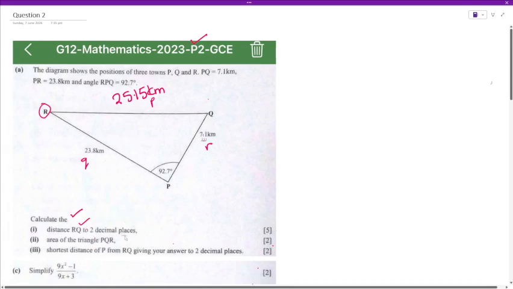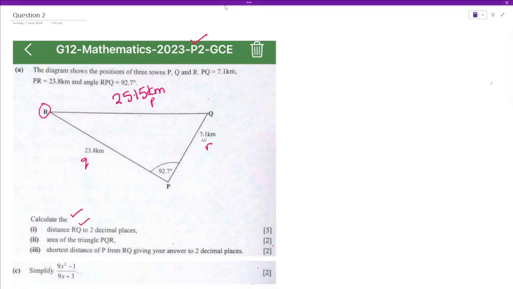We're asked to find the area of a triangle. Remember, the formula for finding the area of a triangle is the same as the one for finding the area of a triangle when you're dealing with the sine rule. So it's the same. Area is equal to 0.5, if you like, 1/2 BC sine A. It doesn't matter how you label them, but simply capture the two sides you have been given.